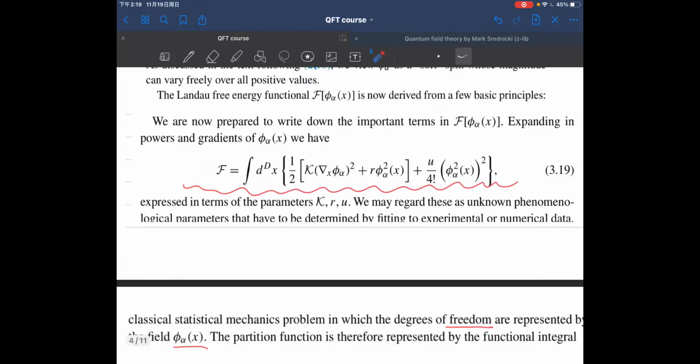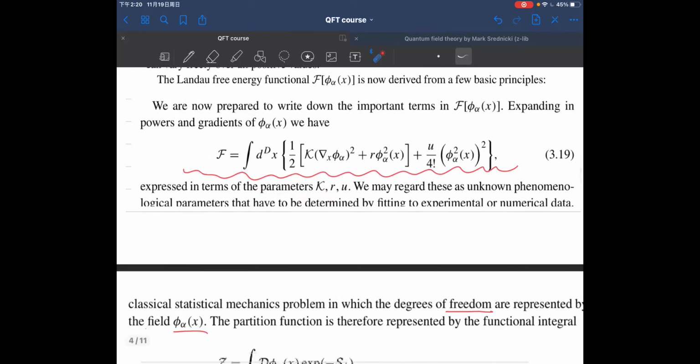But we need to figure out the expression of the parameters. I need to check if I have made some mistake in the parameters. We need to fix the parameters because they are unknown.